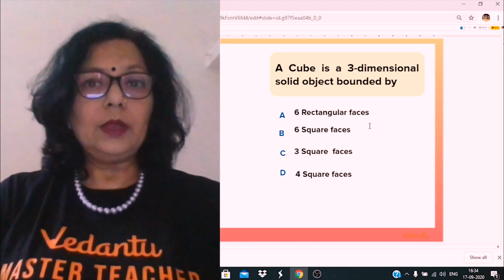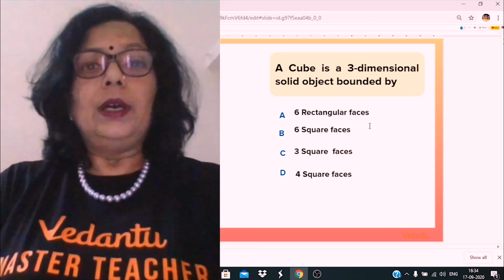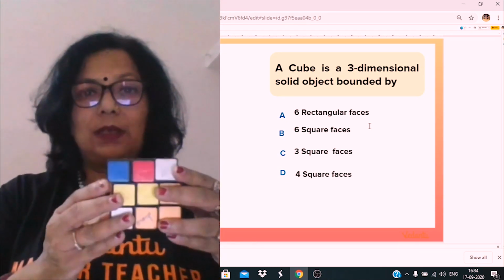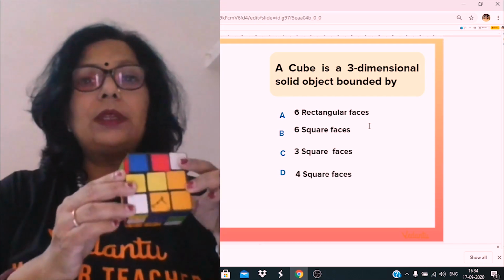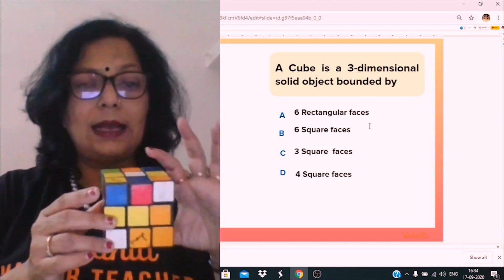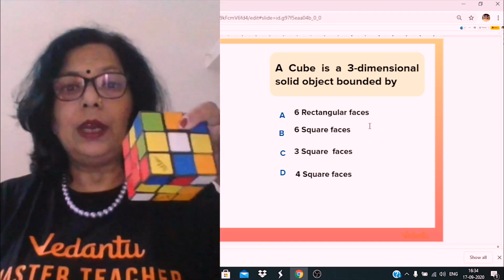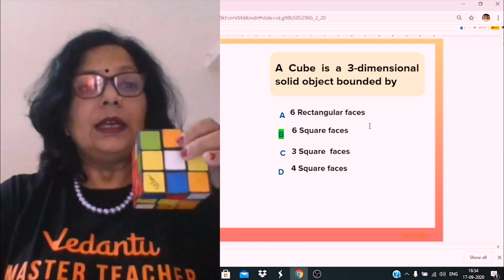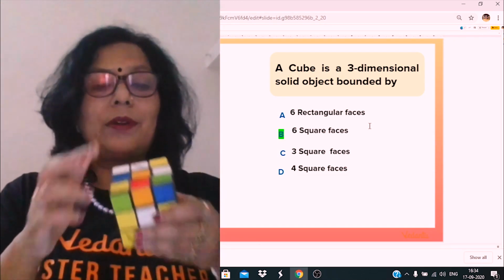Next, I come to a cube. I just showed it to you. A cube, just like the dice you play with, or this puzzle box, is also a three-dimensional solid object. How many faces does it have? It is similar to a cuboid. It has 6 faces, but they are not rectangular.